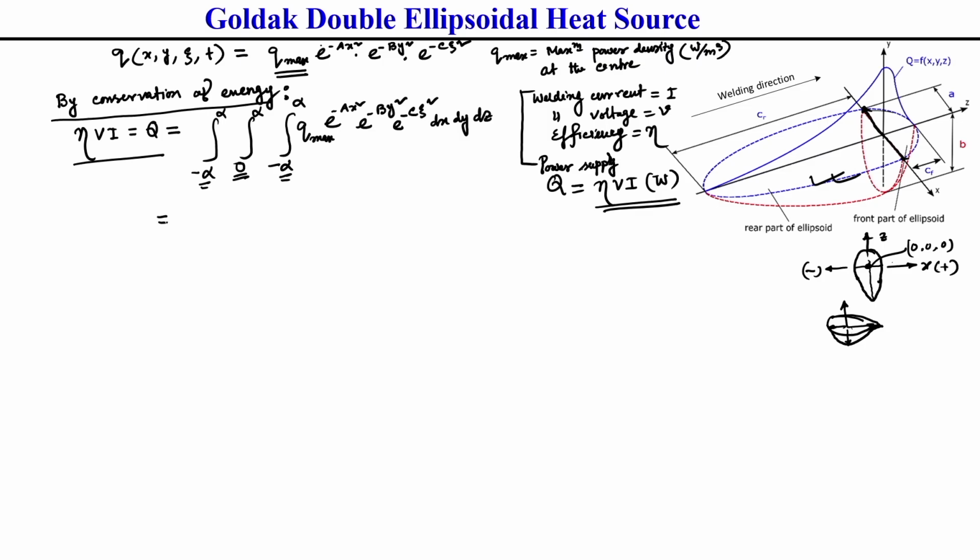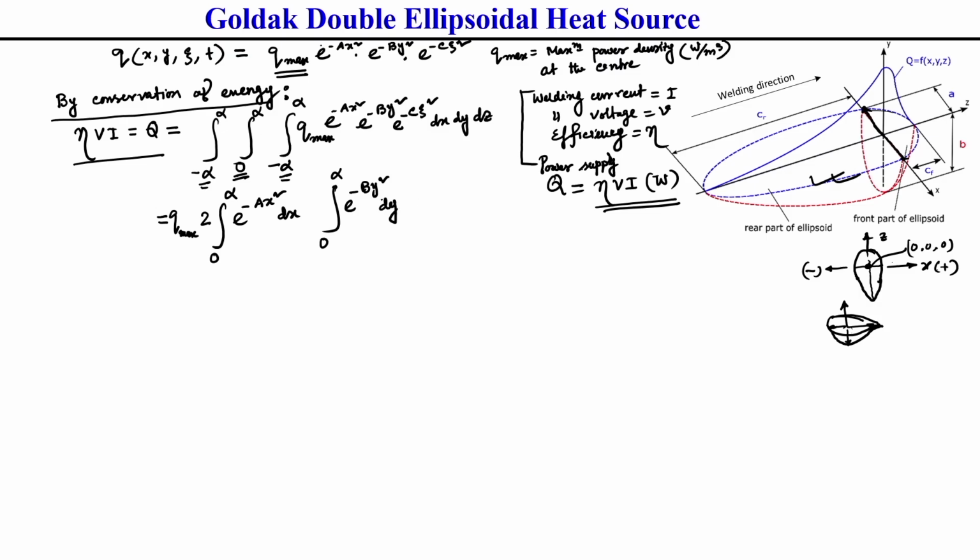Now, with a little bit of calculation, the minus infinity to plus infinity integral you can write as 2 into the integration from 0 to infinity, okay. And q max is a constant value, I am taking it out, 2 into e to the power minus a x square dx, correct, this we can write. Similarly, for the y part, integration from 0 to infinity of e to the power minus b y square dy, okay.